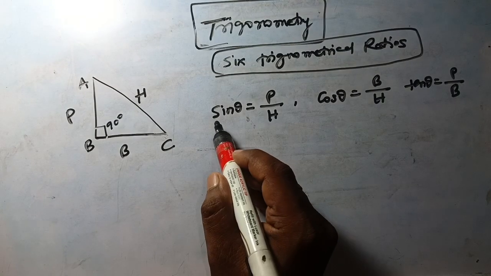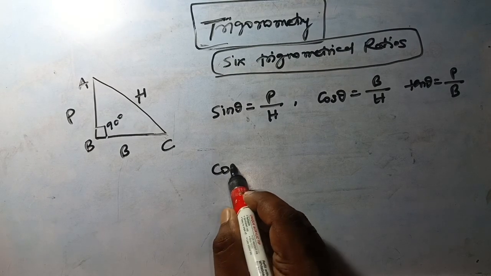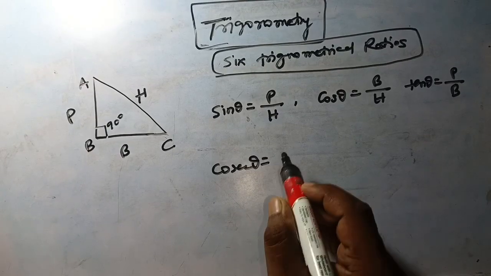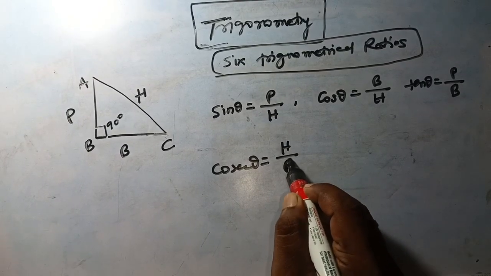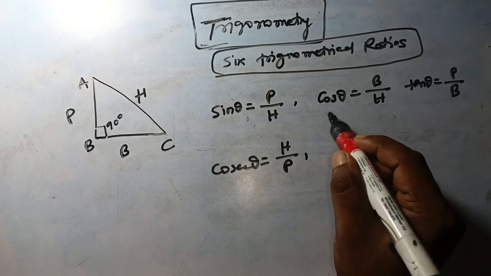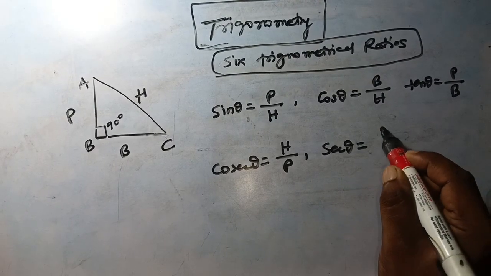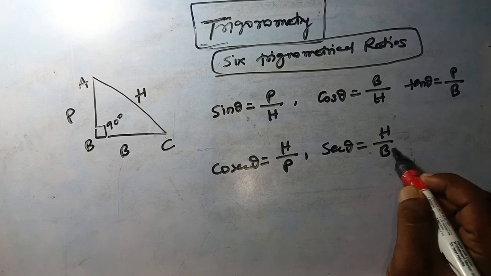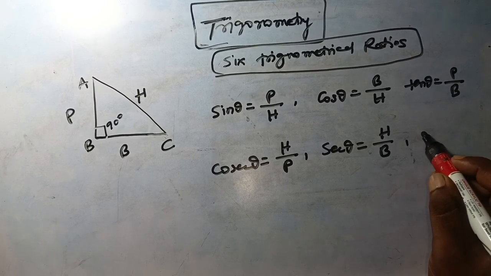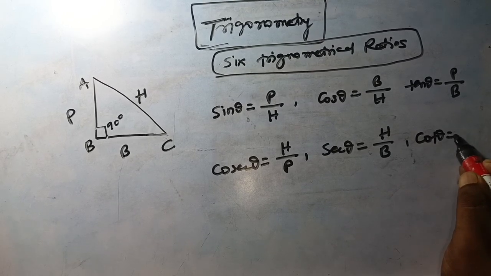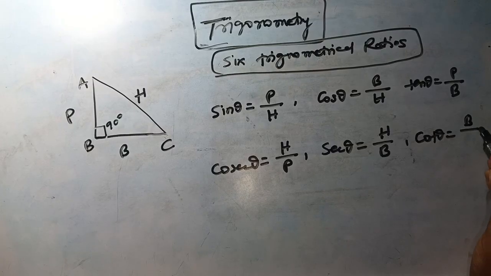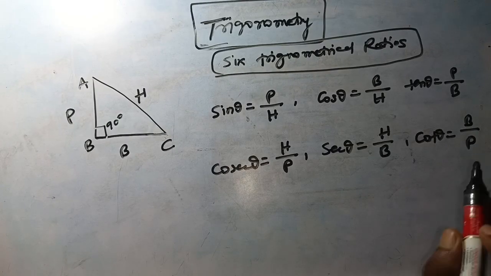Now the reciprocal of sine theta is called cosec theta, which is equal to hypotenuse upon perpendicular. Reciprocal of cos theta is called sec theta, which is equal to hypotenuse upon base. Reciprocal of tan theta is cot theta, which is equal to base upon perpendicular.